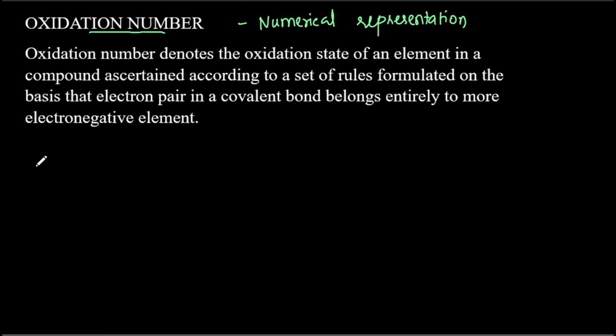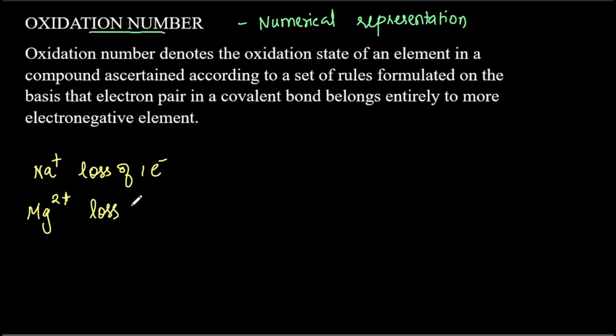If I write Na+, what will you understand? Sodium has lost its electron. So, clearly we can say loss of one electron took place. If I write Mg2+, then what will you understand?